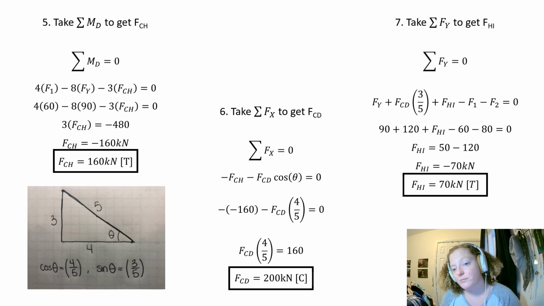Then we solve for FHI, and we get 50 minus 120 because we had to move everything to the other side. So FHI is equal to negative 70 kilonewtons, which again means that it is 70 kilonewtons under tension because we drew it in compression. And we've solved our problem.